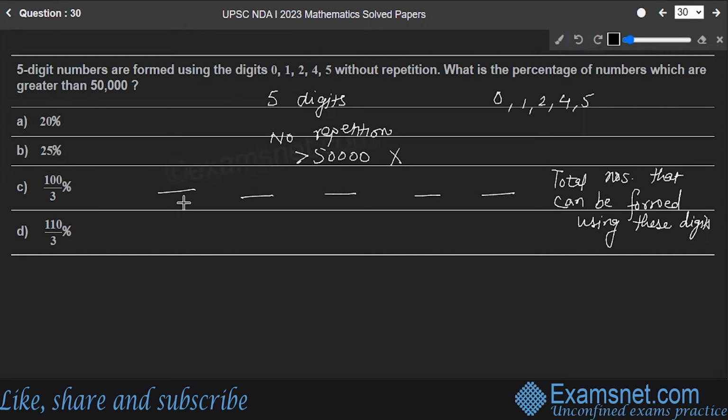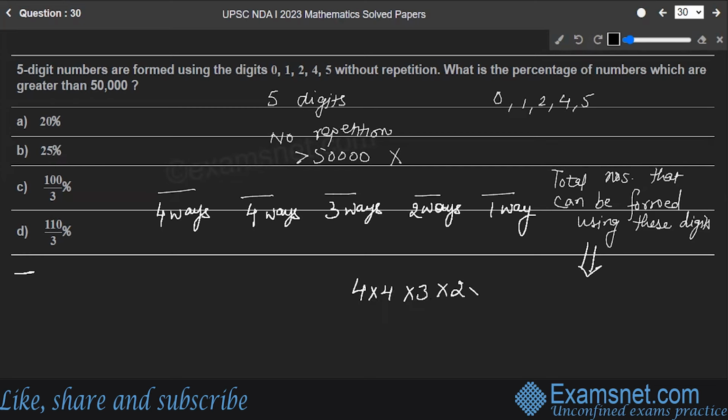So, I can fill this place in 4 ways. This one also can be filled in 4 ways, 3 ways, 2 ways, 1 way. So the total number of ways is 4 multiply 4, 3, 2, 1. 16, 6 are 96. So 96 numbers can be formed from these 5 digits to make a 5-digit number.